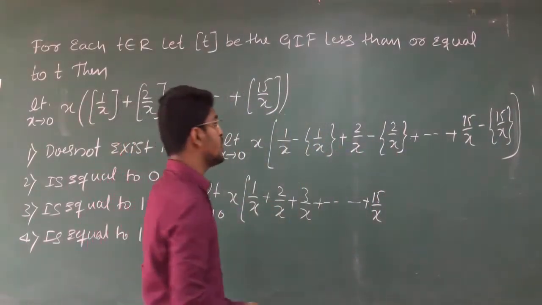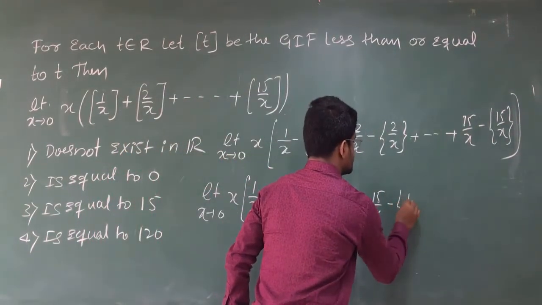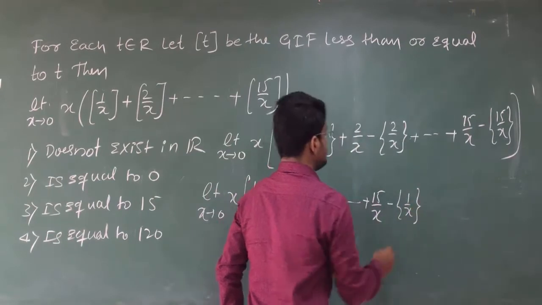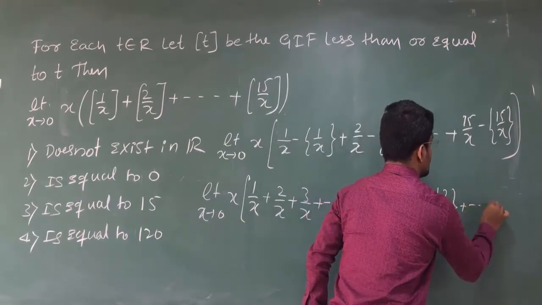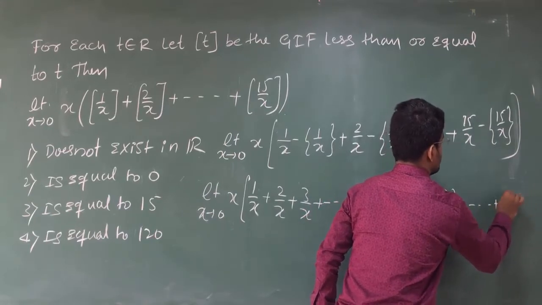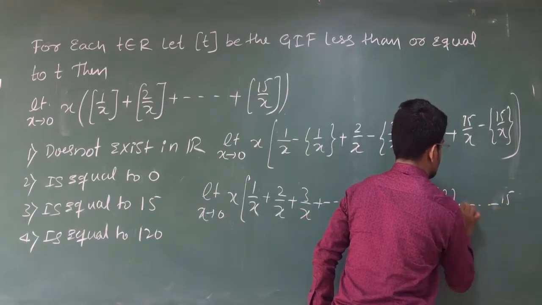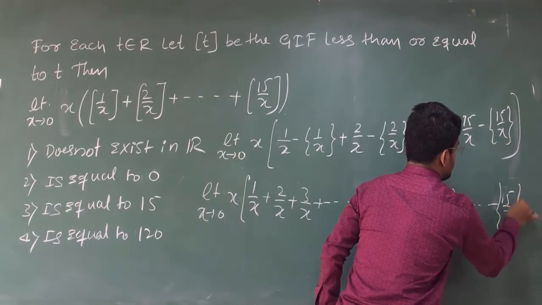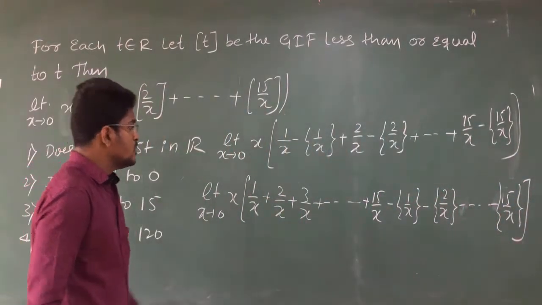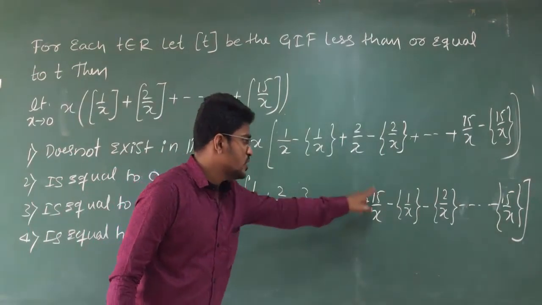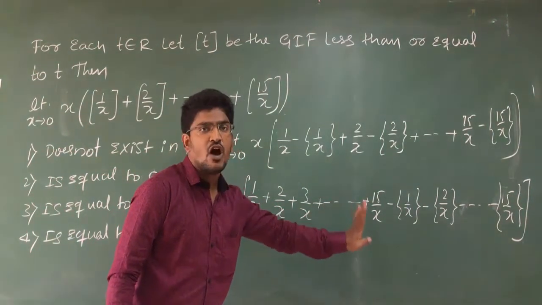Next, what you are going to have? Minus fractional part of 1 by x minus fractional part of 2 by x, so on to minus fractional part of 15 by x you are going to write. Clear? So here 1 by x, 1 by x, 1 by x. Until this it is common, no problem.